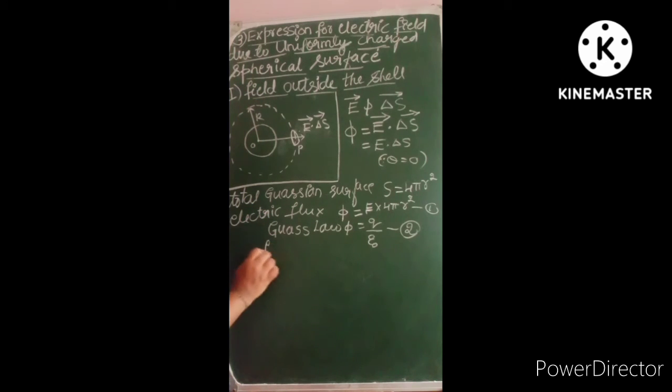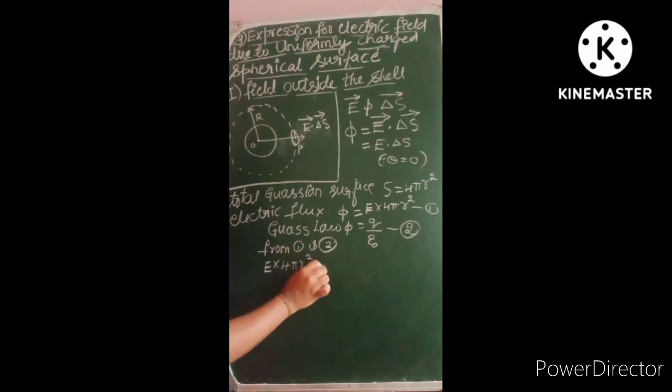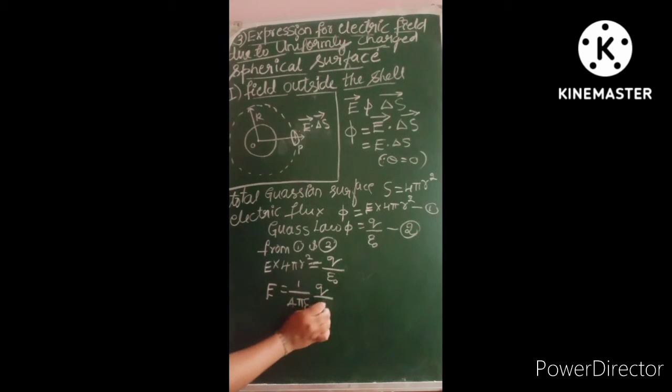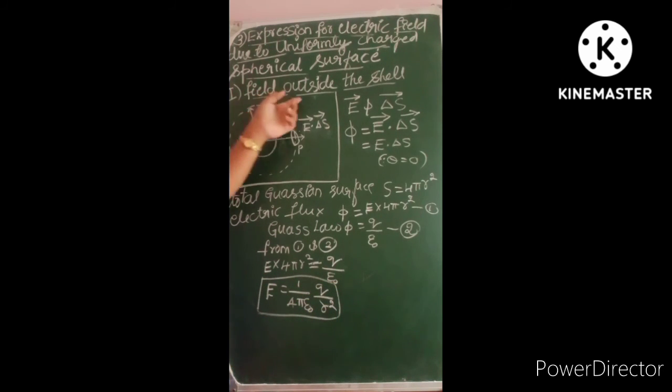From equations 1 and 2, E into 4 pi r square is equal to Q divided by epsilon naught, or E is equal to 1 by 4 pi epsilon naught into Q divided by r square. So this is the expression for electric field outside the shell, when the point lies outside the shell.